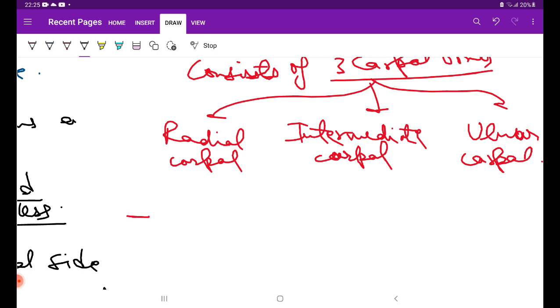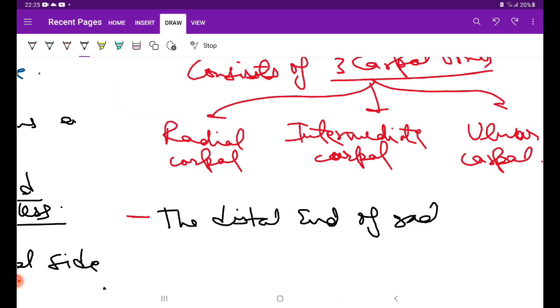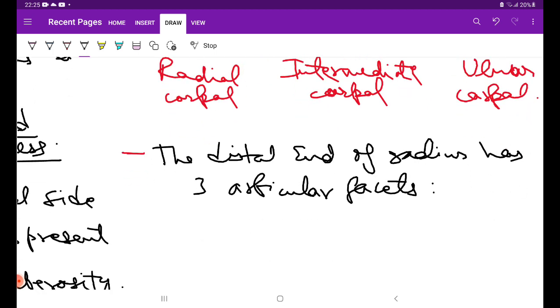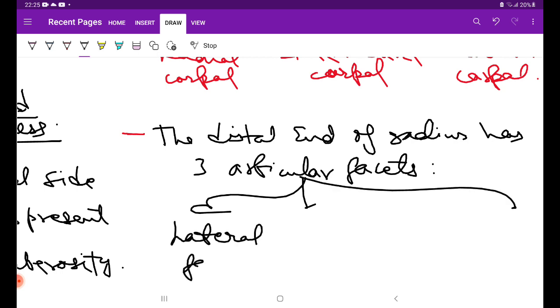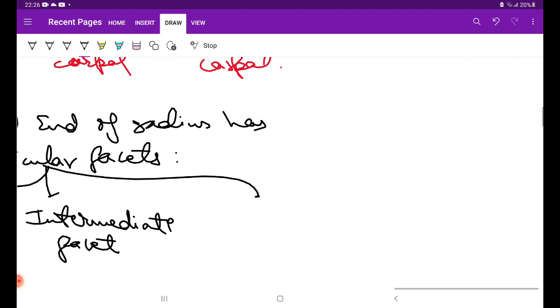So the distal end of radius has three articular facets: lateral facet, intermediate facet, and medial facet.